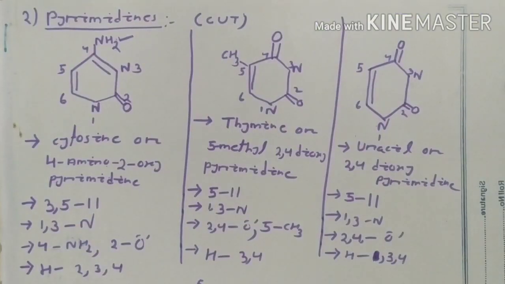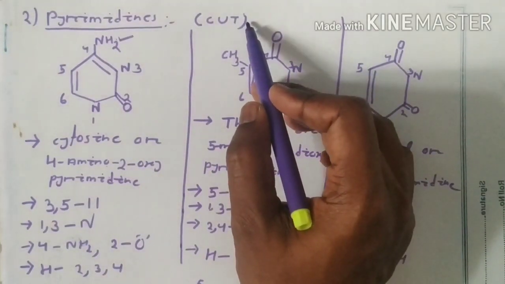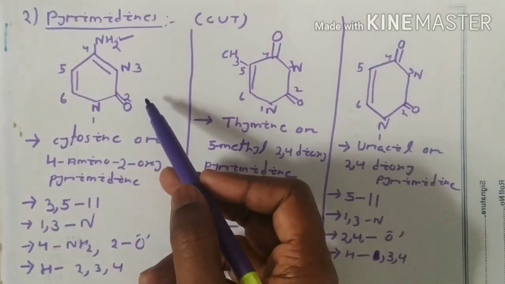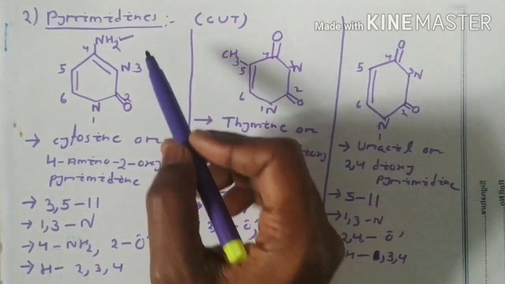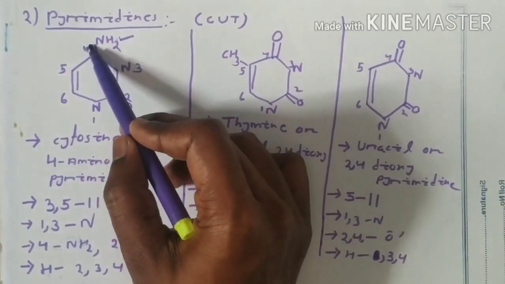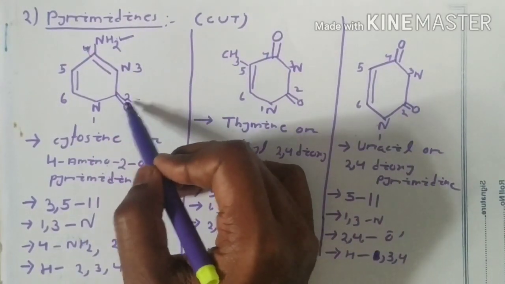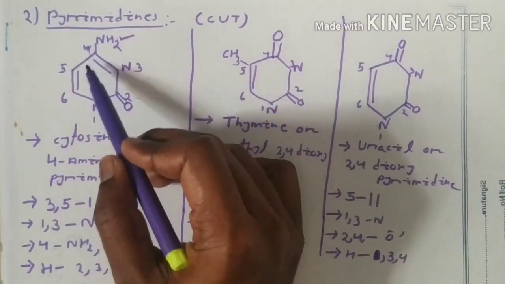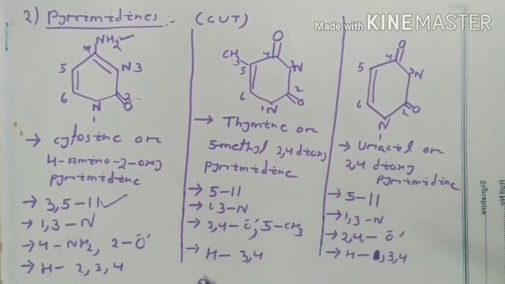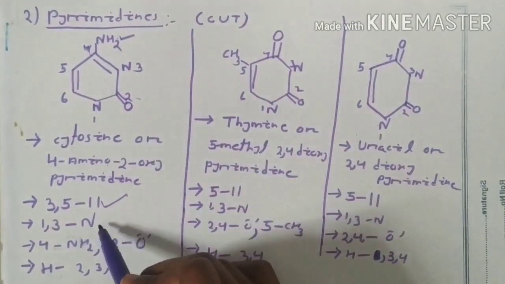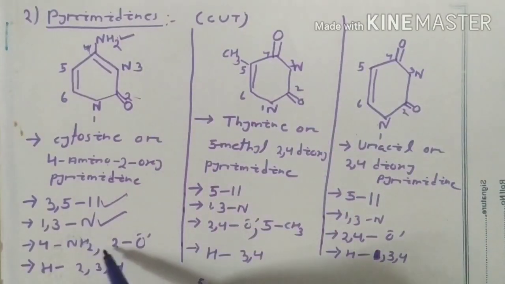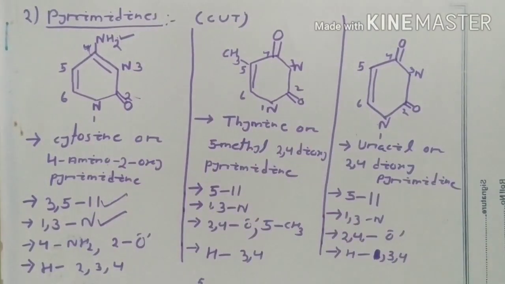Another is pyrimidines. We can memorize it as CUT or COT: cytosine, uracil and thymine. Cytosine is also known as 4-amino 2-oxy pyrimidine. In the 3 and 5 positions there is a double bond, and in the 1 and 3 positions there is nitrogen, and at the 4th position there is an amino group, and at the 2nd position there is an oxy group.